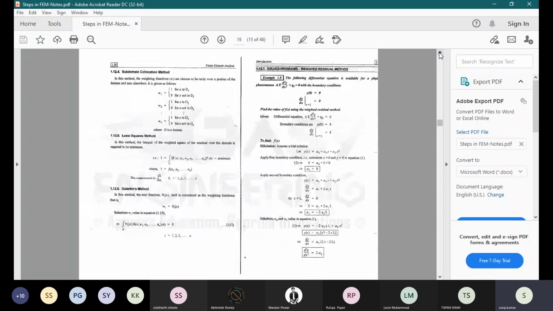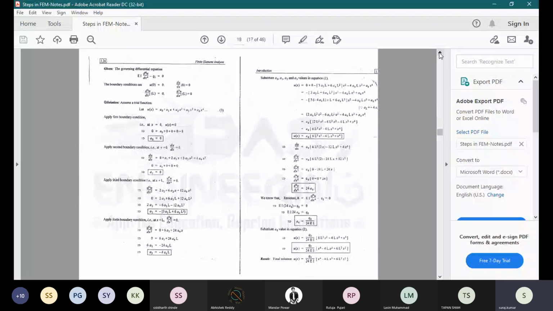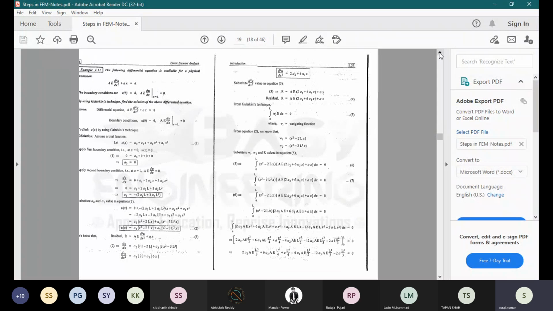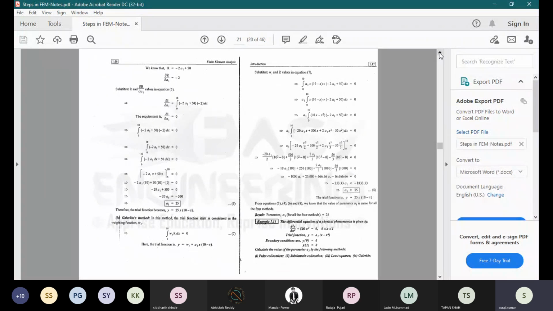So some more concepts are there. See, here it is looking lengthy because only one question is taking around 2 pages, sometimes more than 2 pages. Hence it is looking like that.